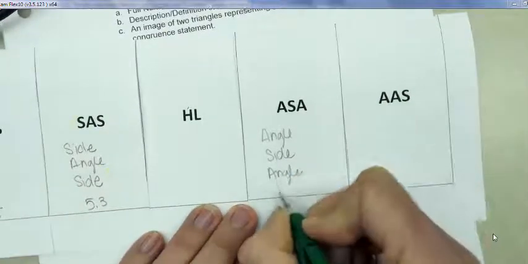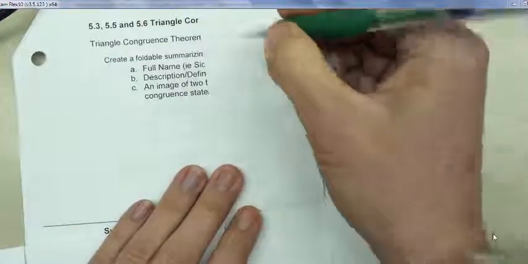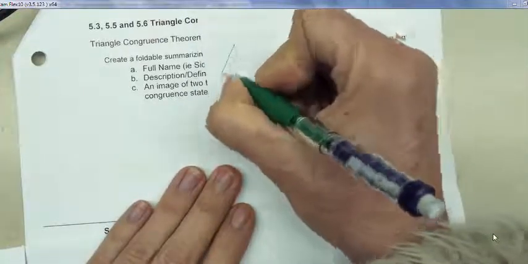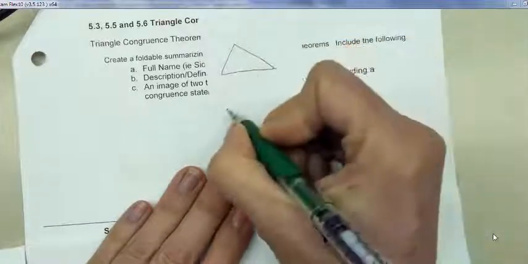And this one comes from section 5.6. Start with the picture. So we're going to draw our two same exact triangles, triangle ABC and triangle DEF.